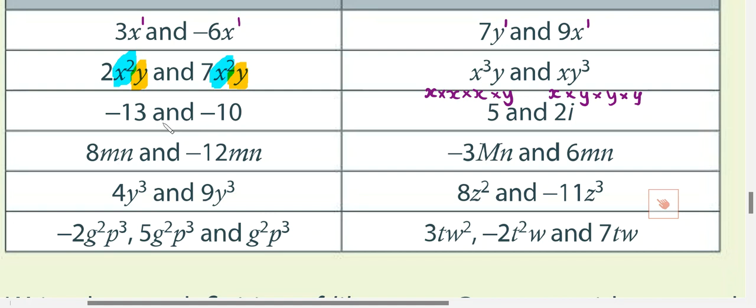Javi? It's not that they're both negative, actually. No variable, and if there's no variable, what are they called? Constants. Good.